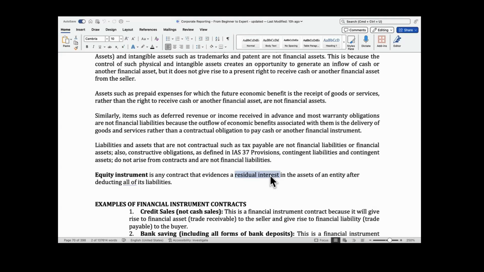It's only the residual that they get. Those are equity. That's what we call equity instruments. And equity instruments could be ordinary shares, it could be preference shares. Those are equity, and even your reserves, residual interest in the asset. So they are the one that gets the remaining, the residual in our asset after deducting all liabilities.